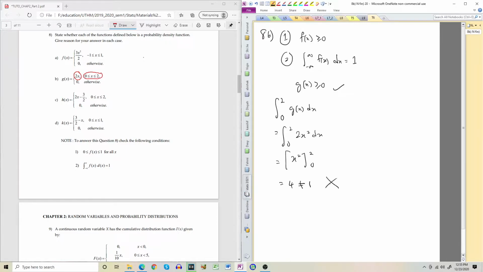Therefore the second condition is out. Therefore g(x) is not a probability density function. That is regarding B.